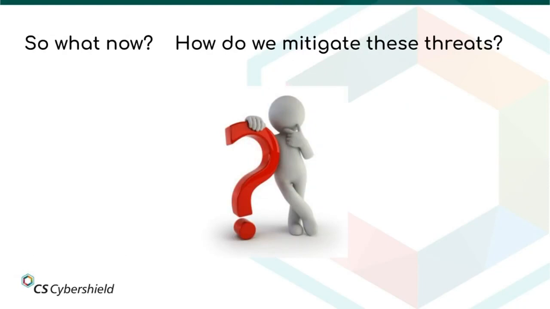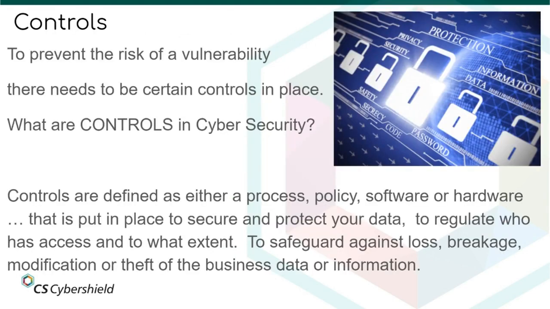So what now? How do we mitigate these threats? Control. Now, if you go into any cybersecurity lecture, you will most likely hear the term that there's a tug of war between cybersecurity and the rest of the company. Cybersecurity wants to lock down everything like Fort Knox, so that no one has access to anything, and everybody else wants access to everything.